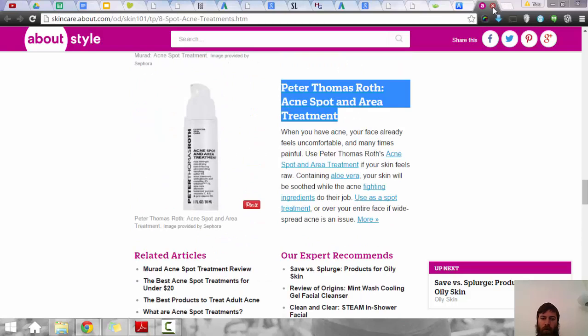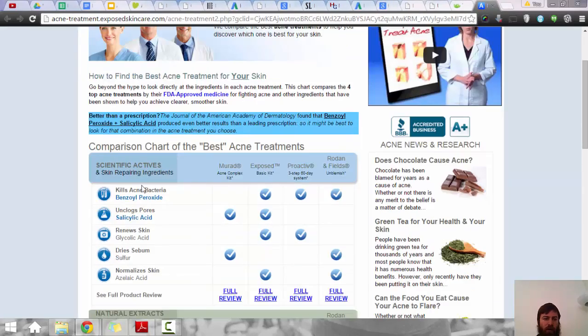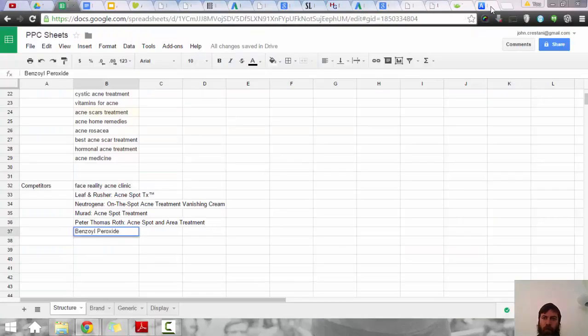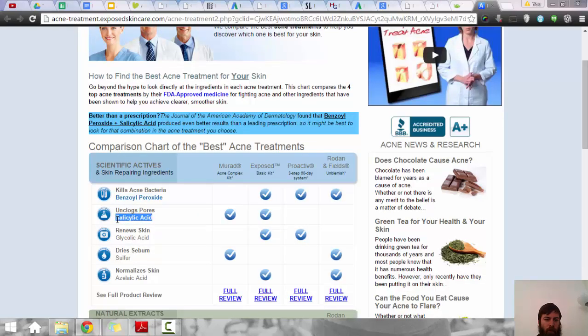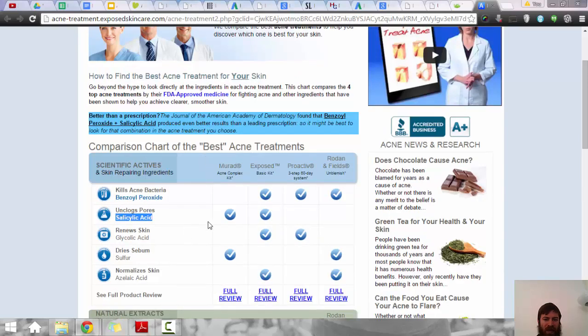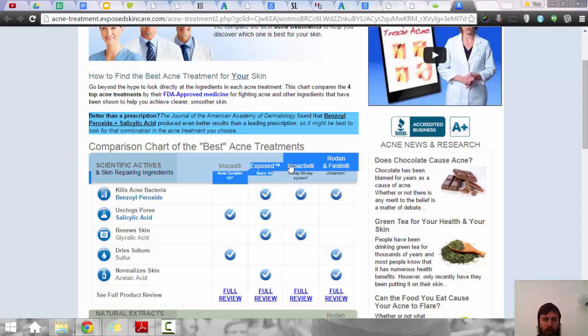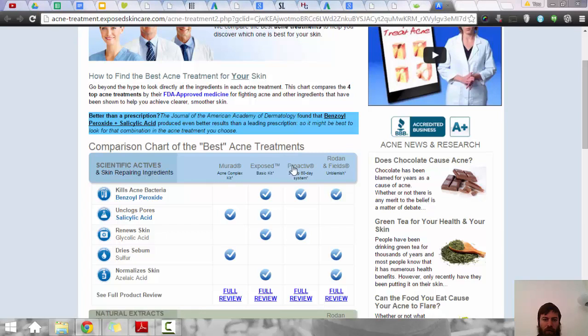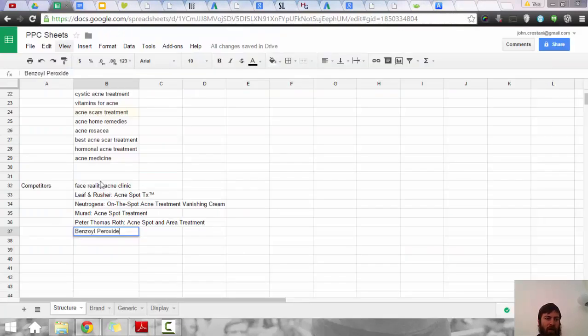Okay, so we got a couple different products right there. Best acne treatments. Proactive. Proactive is obviously a very popular product.